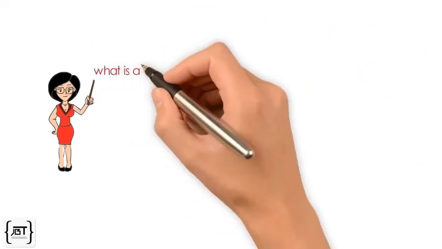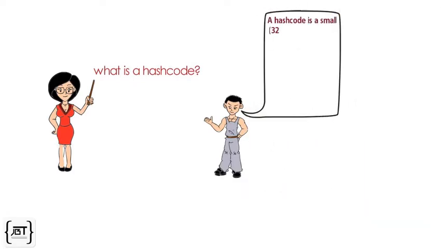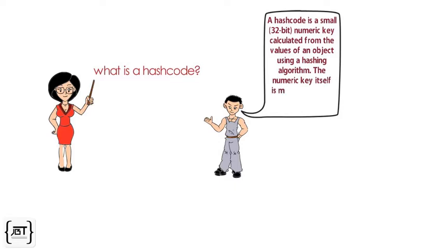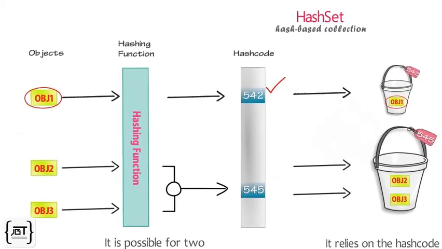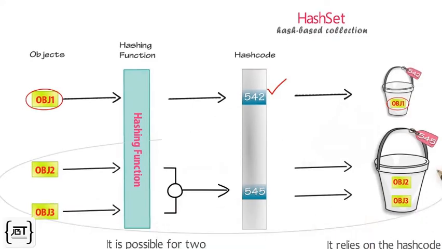Now, what exactly is a hash code? A hash code is a small 32-bit numeric key calculated from the values of an object using a hashing algorithm. The numeric key itself is meaningless and may not be unique for each object. It may happen that the hashing algorithm returns the same value for multiple objects even if they are not equal.